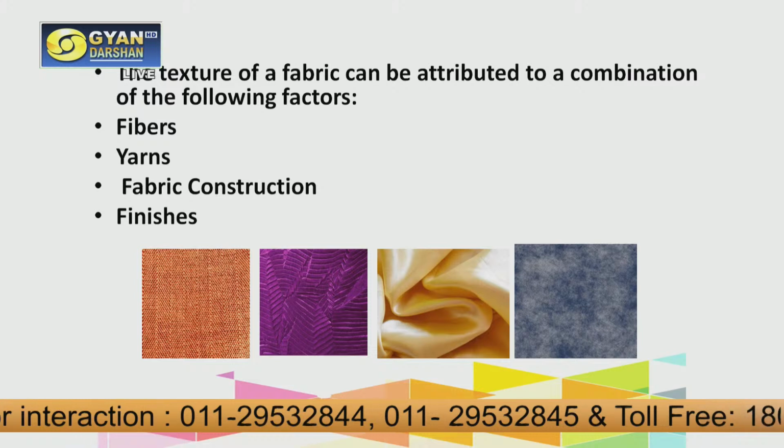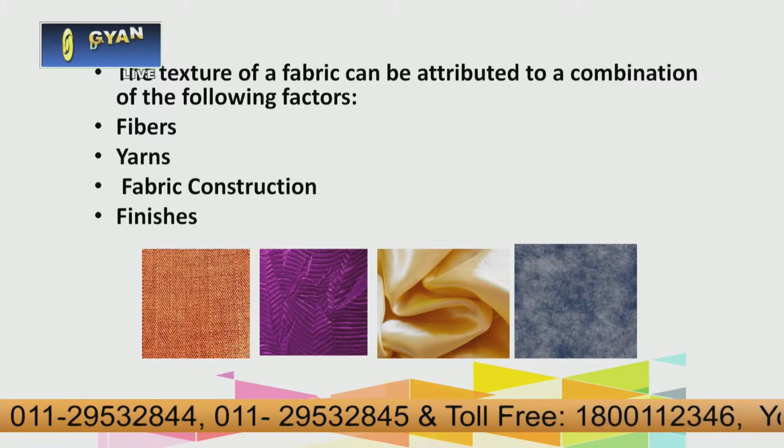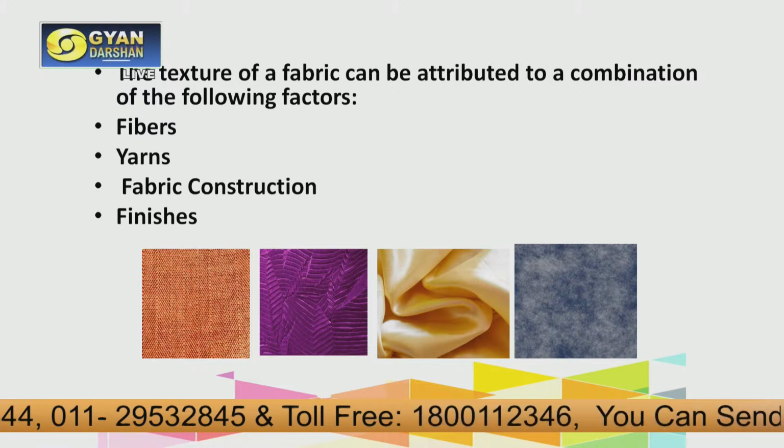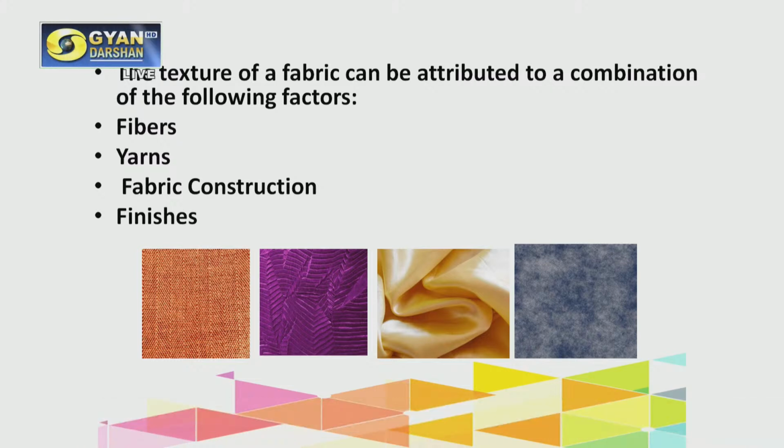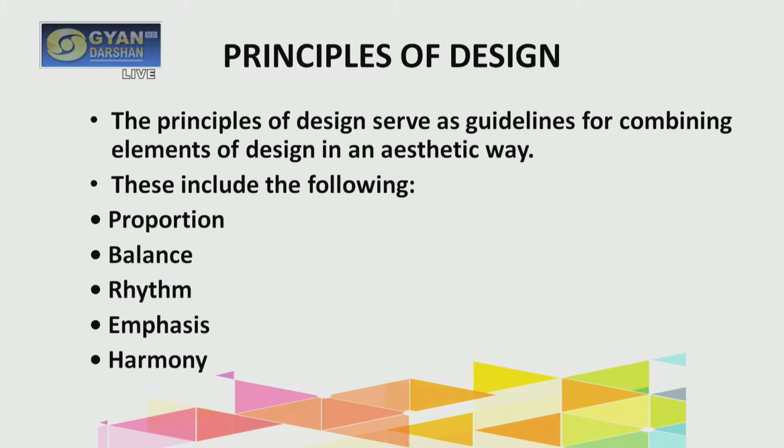So these are the elements of design: shape, form, space, lines, colors, and texture. A combination of these elements creates different garments in the designing part. So now we will discuss the principles of design. The principles of design serve as guidelines for combining elements of design in an aesthetic way.